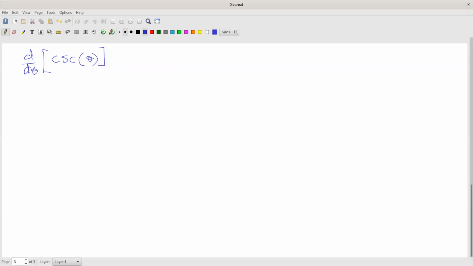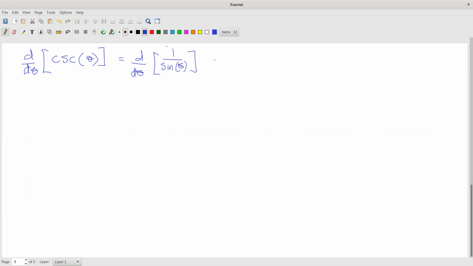And to do this, I am going to rewrite the cosecant as 1 over the sine. So this right here is equal to the derivative with respect to theta of 1 over sine of theta. And now I have a quotient.